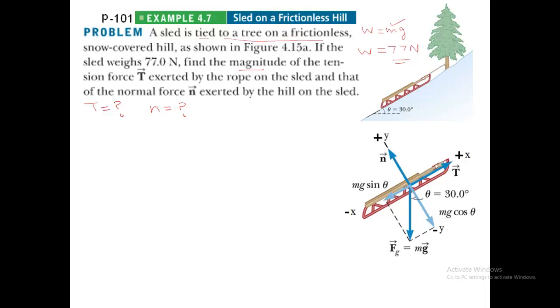First of all, look, this is the rope, so there is a tension in it in this direction, and we decide that this is the plus x-axis, as I told you, the tilted axis. This side is minus x-axis. This is plus y, and this is minus y axis.